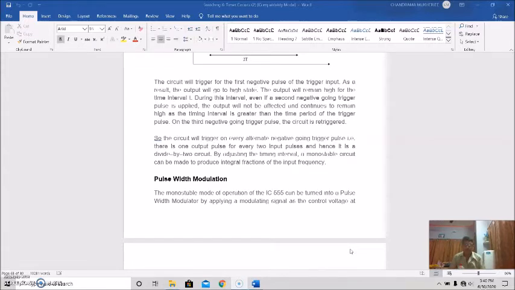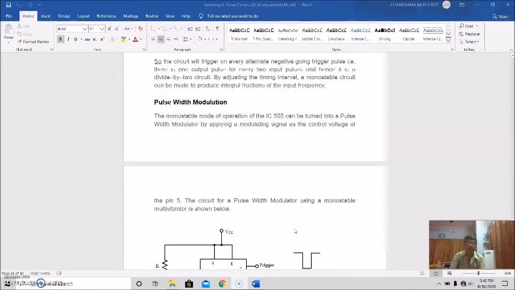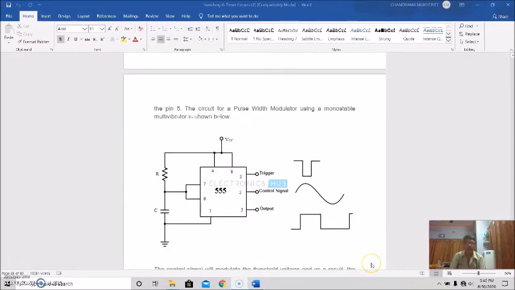The monostable mode operation of the IC 555 can be turned into a pulse width modulator by applying a modulating signal as the control voltage at pin 5, and the circuit for a pulse width modulator using a monostable multivibrator is shown here.